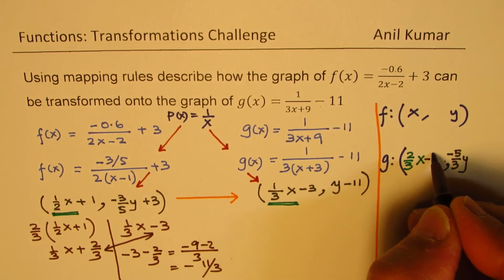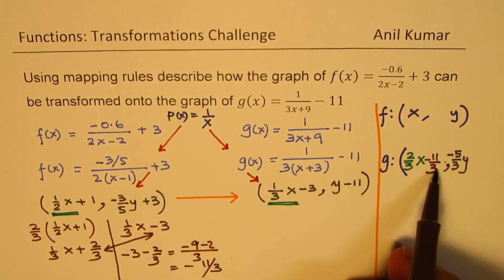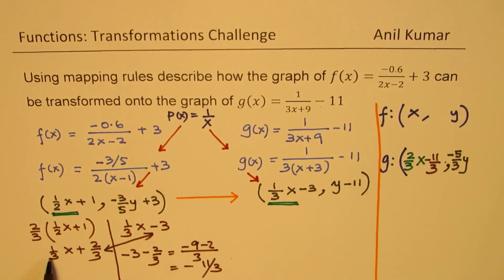So this is minus 11 over 3. Do you understand how we got the translation part? We equated the stretches to be the same and then compared the translations, and we got our result. Is that clear to you?